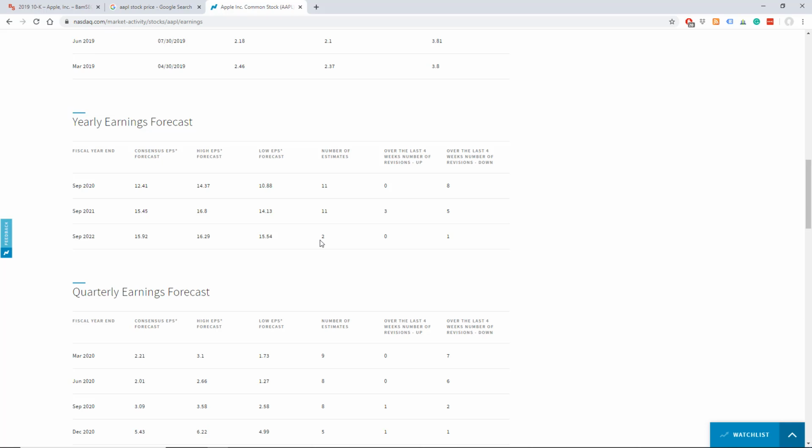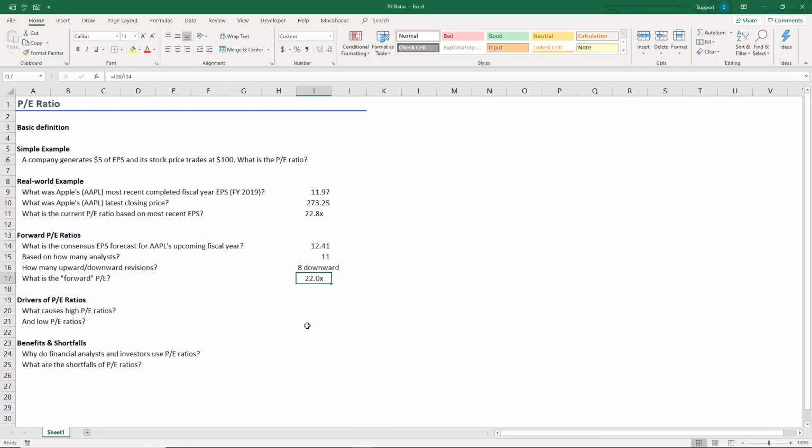What you really have to do is look at a bunch of analysts, look at a bunch of their reports, and maybe even come up with your own estimates. But it is a full-time job. That's what investment banks, hedge funds, buy side and sell side are doing all the time, is updating their models to come up with the best estimates. So with the PE ratio, as with many other things in finance, it's only as good as the inputs that you use.